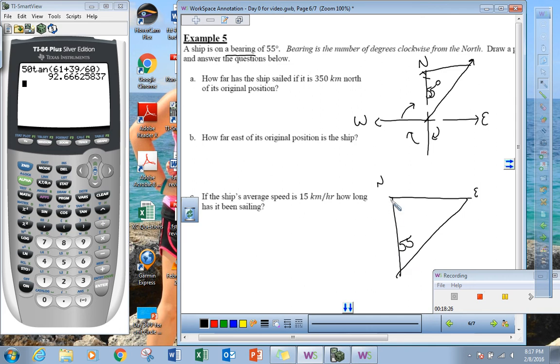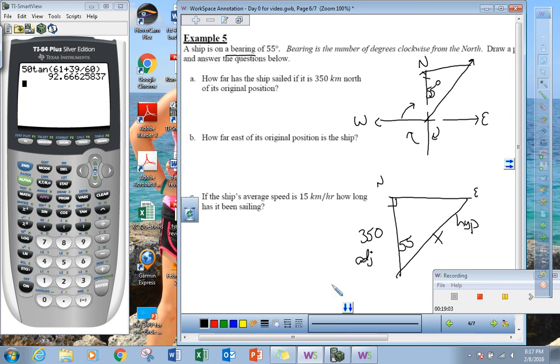Well, what that means is he's gone 350 kilometers. And it wants to know how far has the ship sailed. I would like to find this distance right there. So there's my main setup. Once again, we have to decide what trig operation you're working with. From this angle, it looks like I'm working with the hypotenuse, and it looks like I'm working with the adjacent.